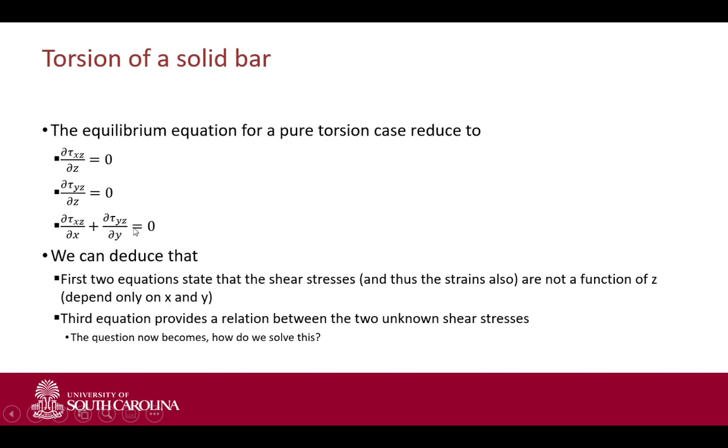So this is basically our compatibility equation in this case. Else we could have certain functions that satisfy the first two equations, but that do not satisfy the third equation. So now the question becomes, what does this relationship look like, and how can we solve for that?